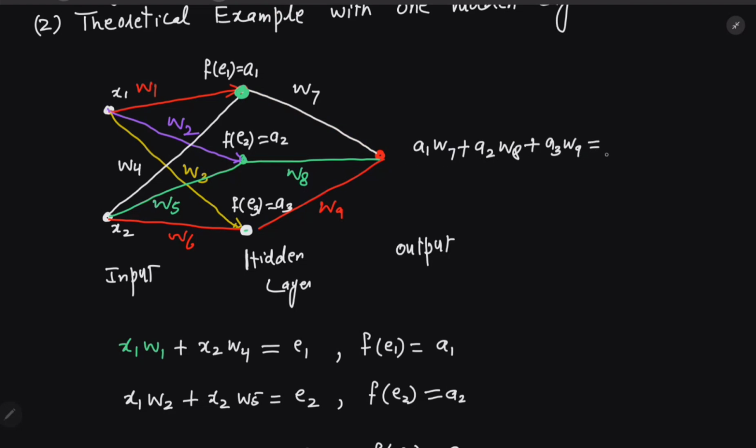When you sum all these values, you will get, suppose, E4. And at the end, you apply the activation function on this E4, and you get Y hat.